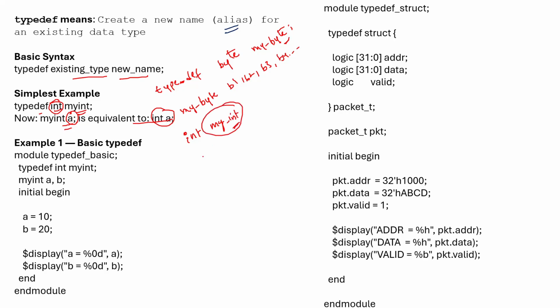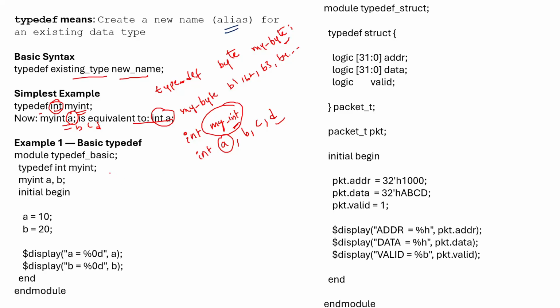Instead of the full name, I mention a only, so this a will act like an integer data type. Or you can write a, b, c, d. Then a, b, c and d each act like an integer data type. In this way I'm writing the typedef here.